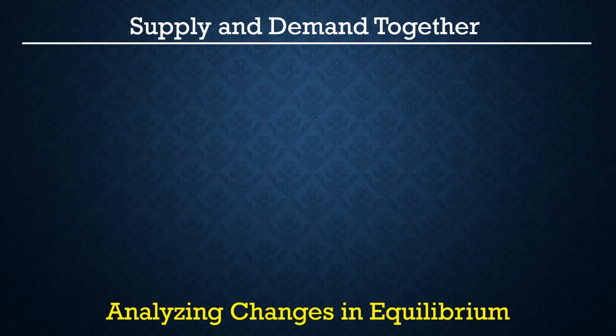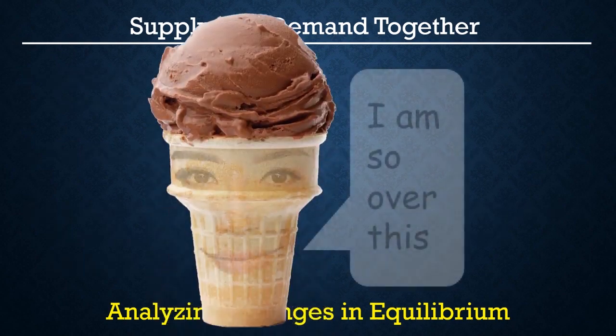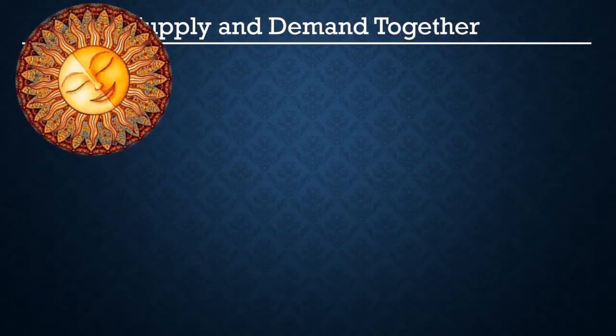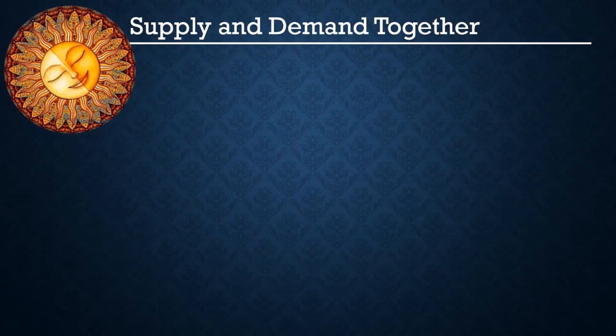In our analysis, let's take our good old friend, the ice cream cone. It's a really hot summer. Hot summer causes buyers to demand more ice cream.